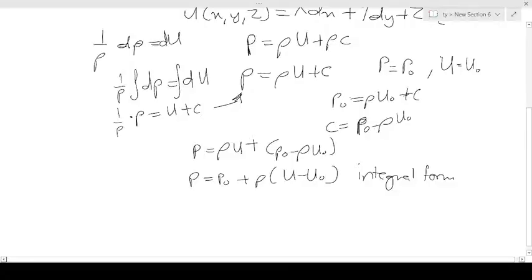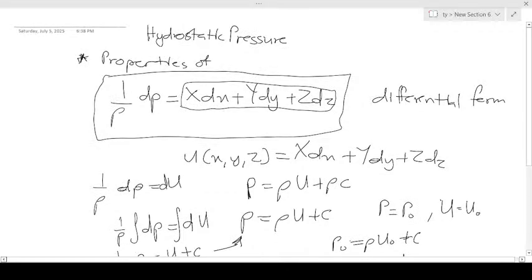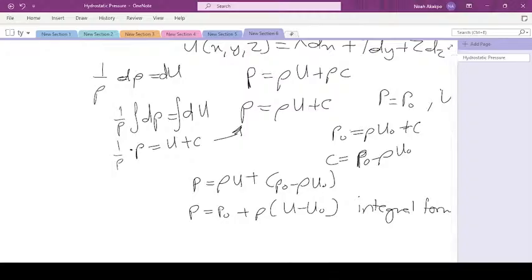Okay. So now let's consider hydrostatic pressure when gravity is the only force acting on a body.